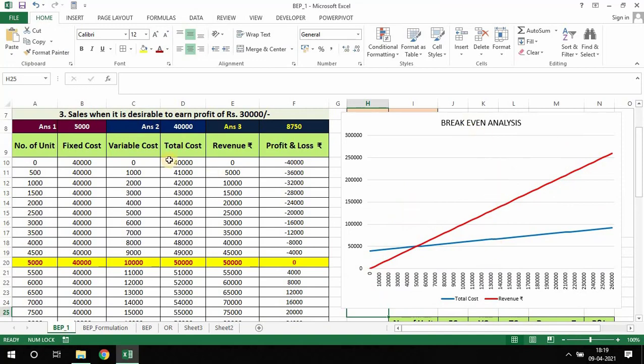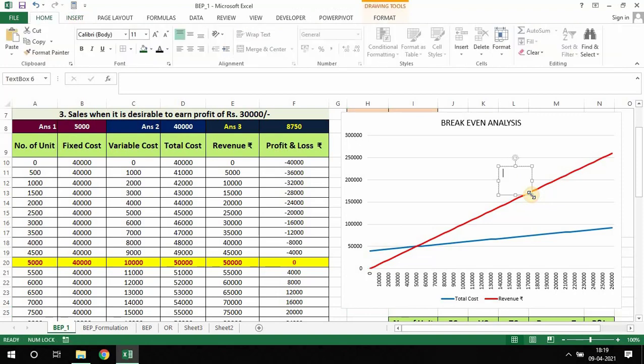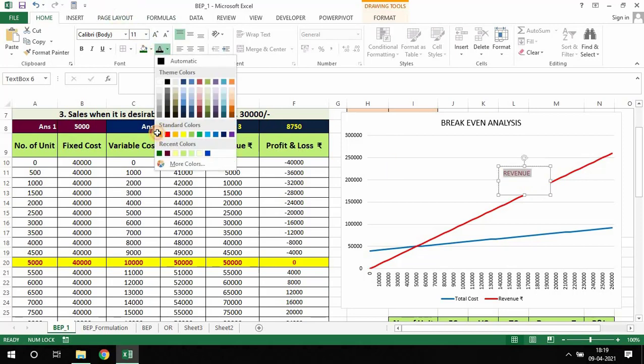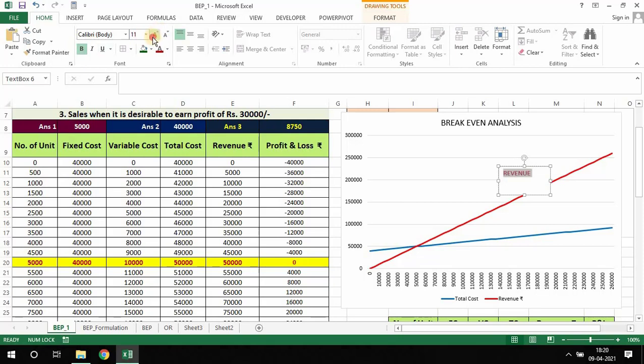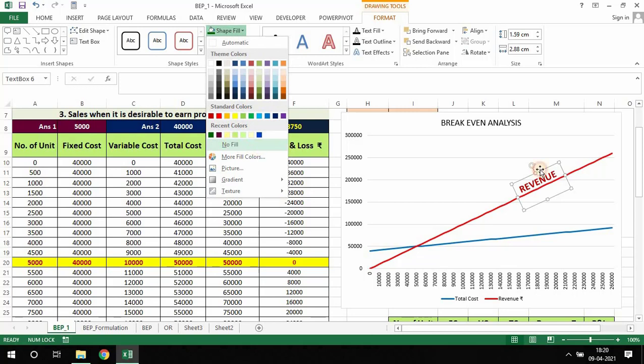Okay, next one is to insert a text box here. The name is revenue. Then the color is dark red, no outline, no fill.